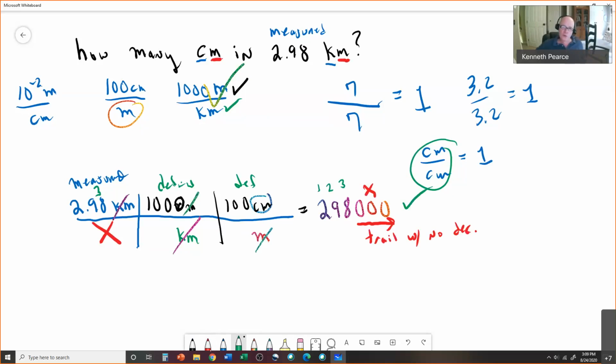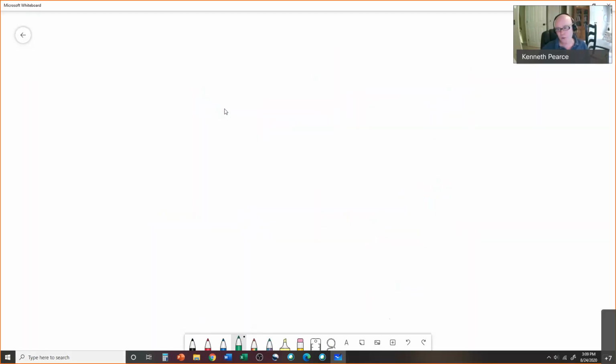Okay, so the upshot of this dimensional analysis is you're pulling down the conversion factors you need, especially if you're going from one set of units to another set of units. Let's do another example here before we move on to chapter 2.